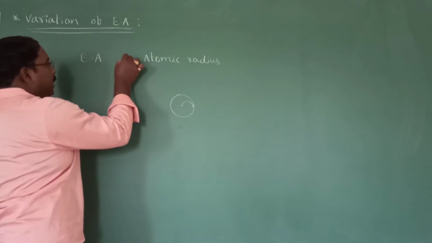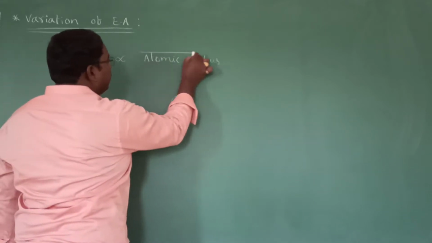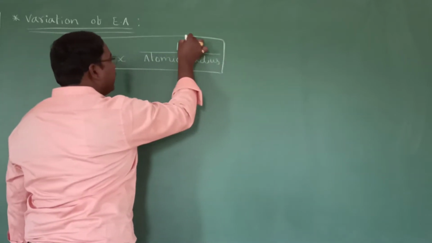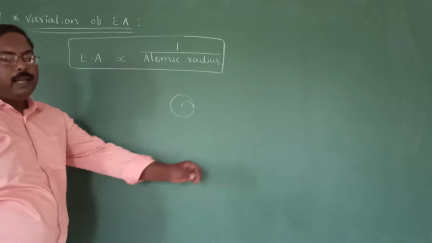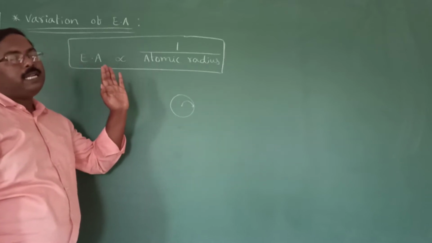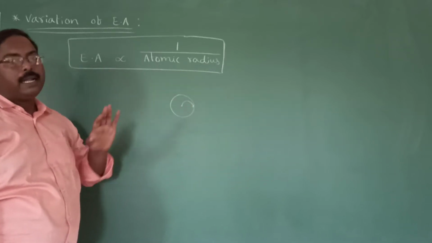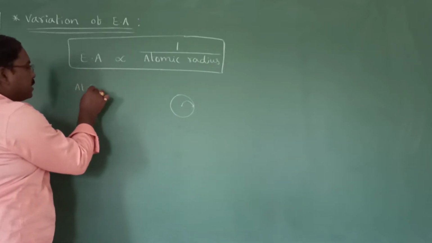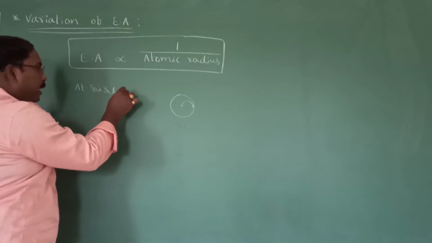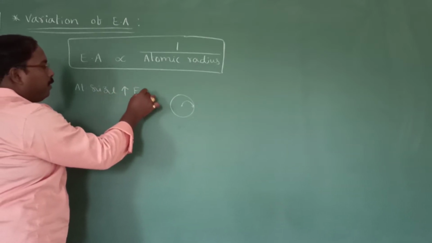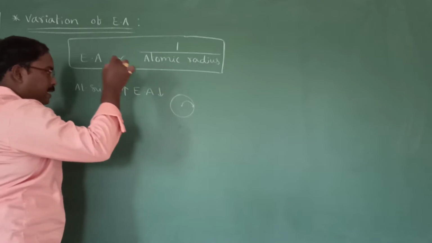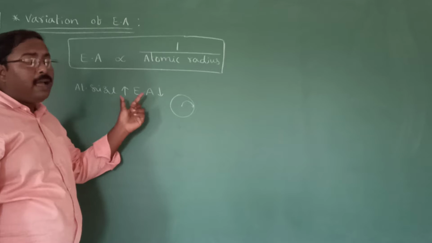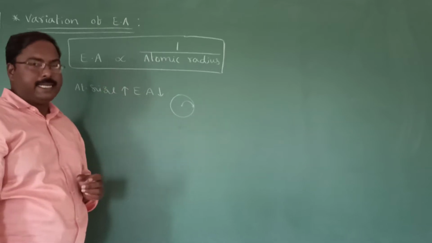So remember one thing, electron affinity is inversely proportional to atomic radius. Okay? What it means? As the atomic size increases, electron affinity decreases.